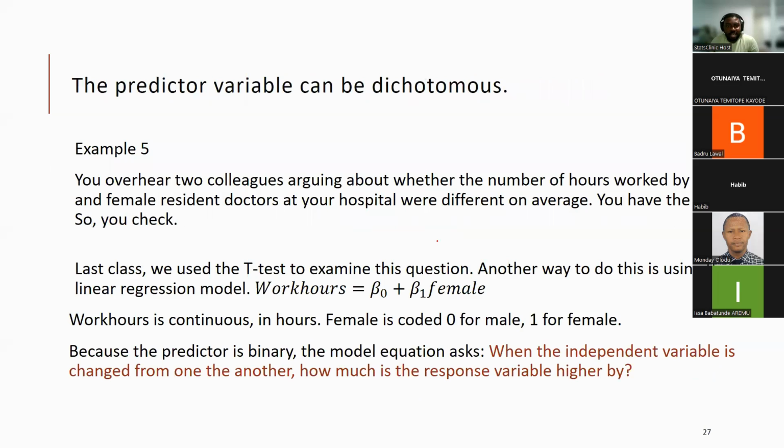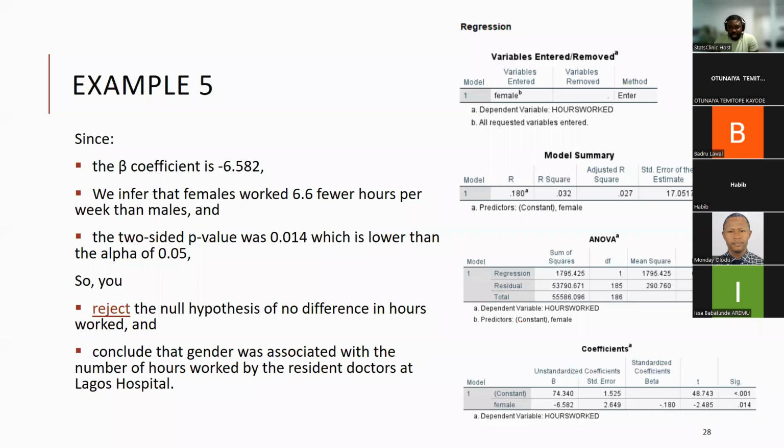And I think I might have an example here. In this case, the average working hours in the male is 74. If you look lower here, in this table at the end, the beta 1 is minus 6.6.